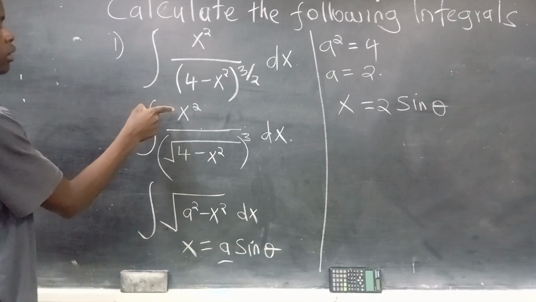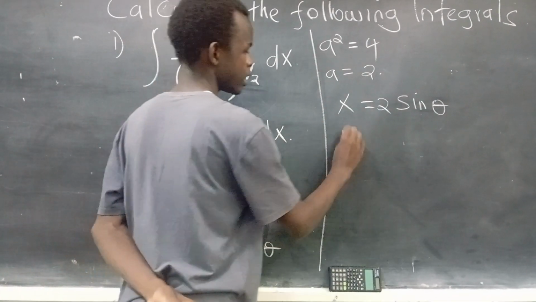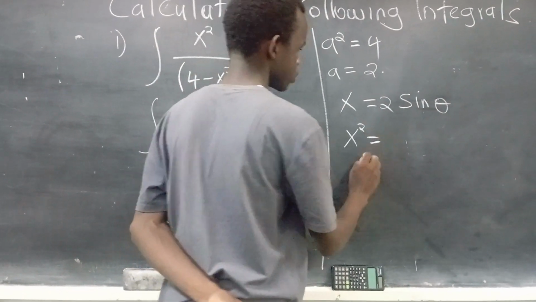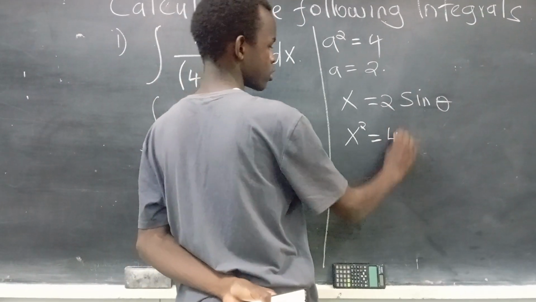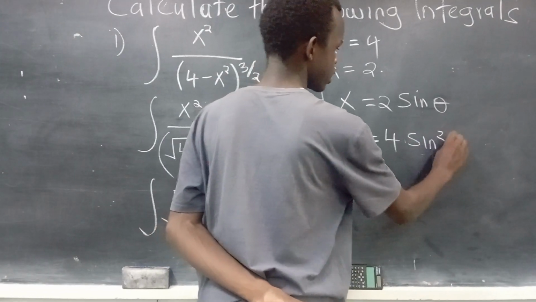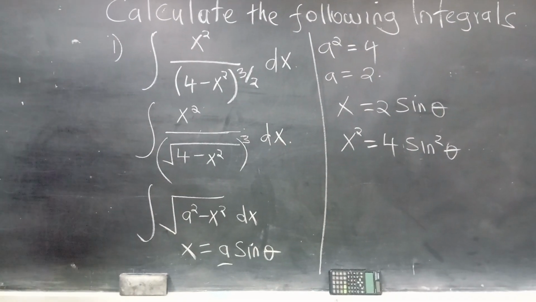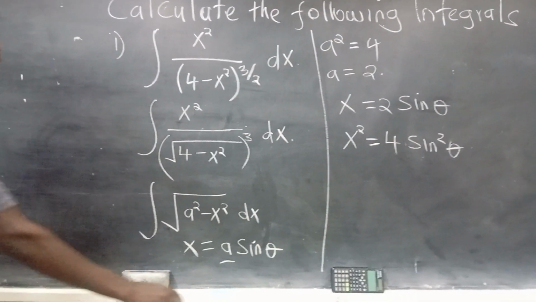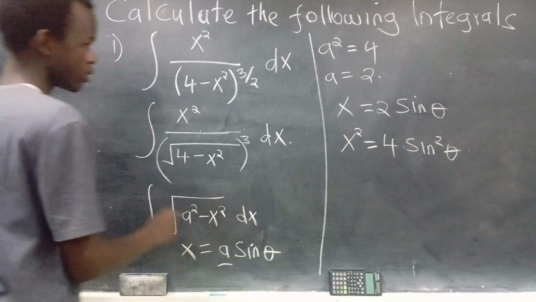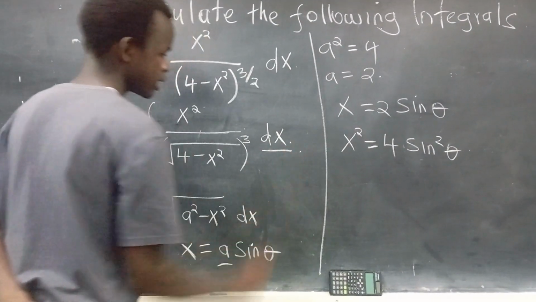Now I'll find x squared. Squaring this, it will be 4 sine squared of theta. From there, I just have to substitute all this information. Sorry, there's also a dx here.